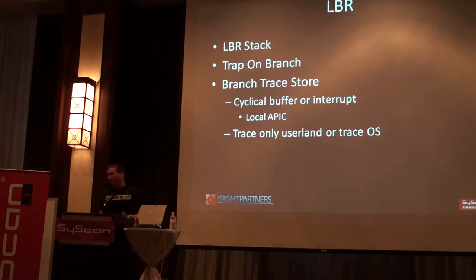Some other analysts might, but for my purposes, I'm trying to trace userland apps, malware, etc., before they inject stuff in the kernel, before they do anything in kernel land, and to find bugs in userland apps. So I specifically use the userland last branch recording and the branch trace store.